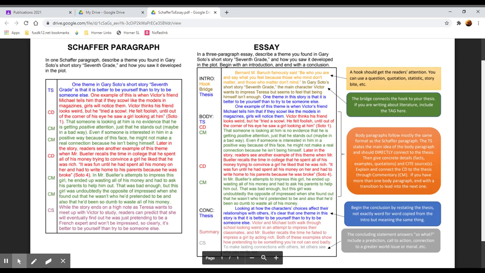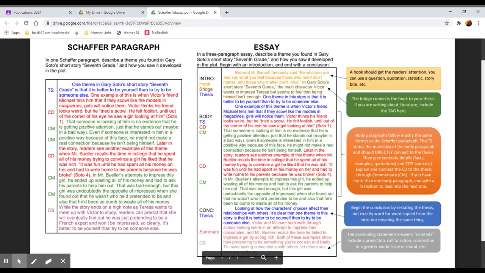Your concluding paragraph in an essay should begin by restating the thesis. You don't want it to be exactly word for word, because that's not adding anything worthwhile, right? But it should mean effectively the same thing. So in this case, we said, looking at how the characters' choices affect their relationships with others, it's clear that one theme in this story is that it is better to be yourself than to try to be someone else.